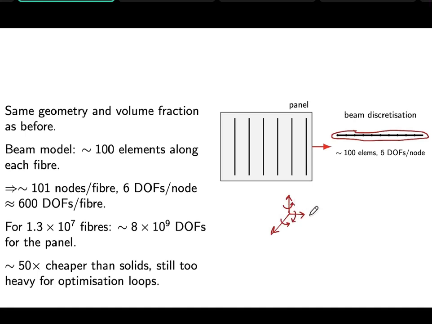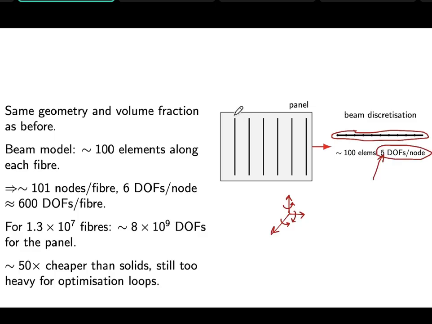So instead of having only U1, U2, U3, you now have W1, W2, and W3. So you have 6 unknowns per node, and you need a lot fewer nodes because each node is now richer. It can also bend, not only displace.